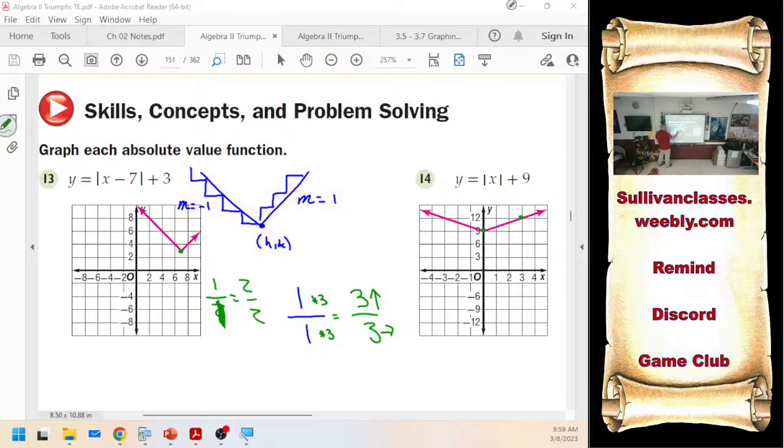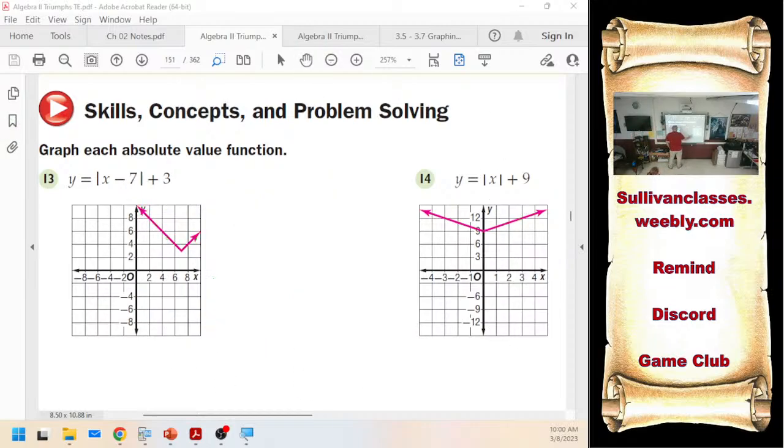Up 2 over 2. You know what? You don't like that at all. Go up 5 over 5. Just make like 1 or 2 dots on both sides, connect the dots. That works too. So we have to be able to match these to a scale.